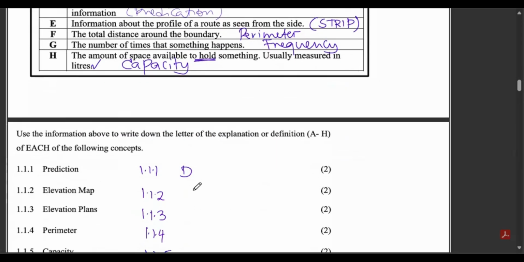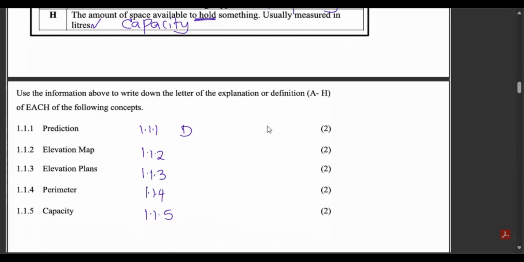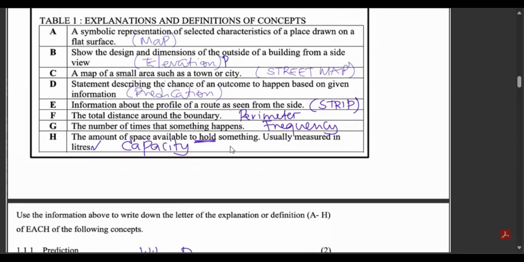Elevation map, there's nothing here about the elevation map. Let's take this other one here, C, but it's not that straight. This one, yes, elevation plan. Outside of the building, from a side.